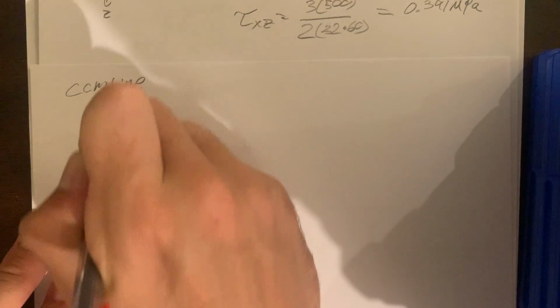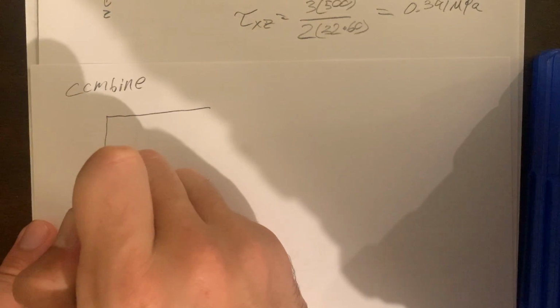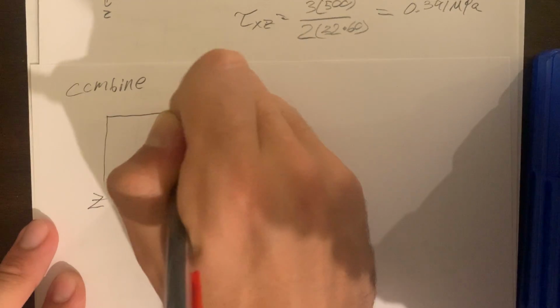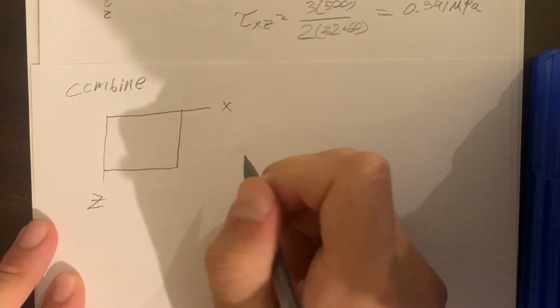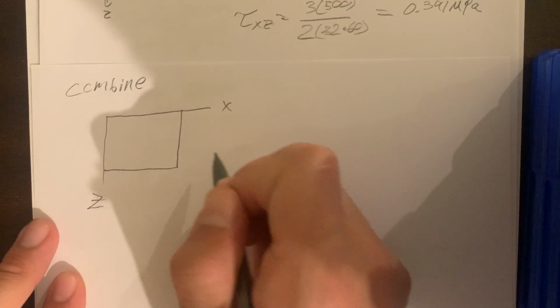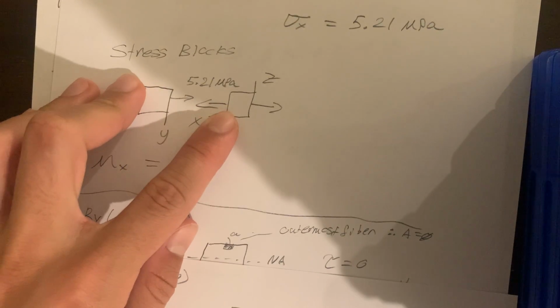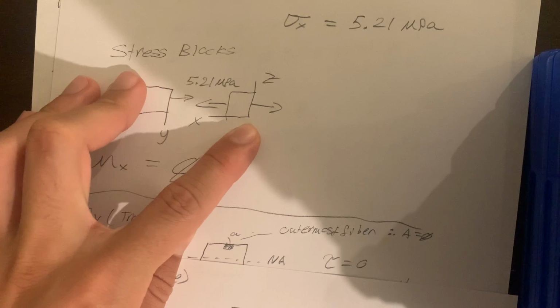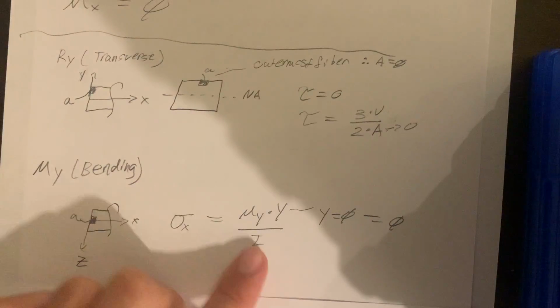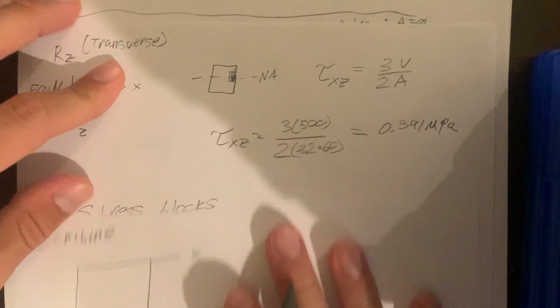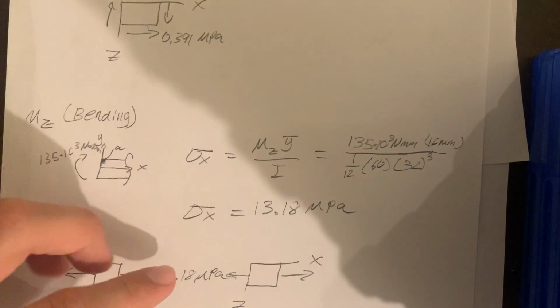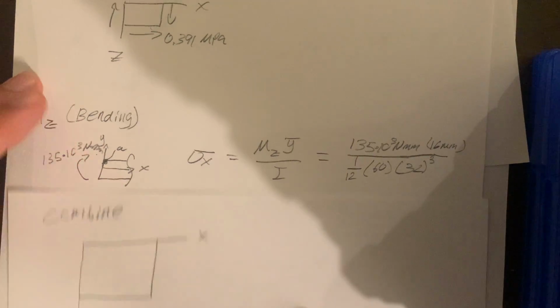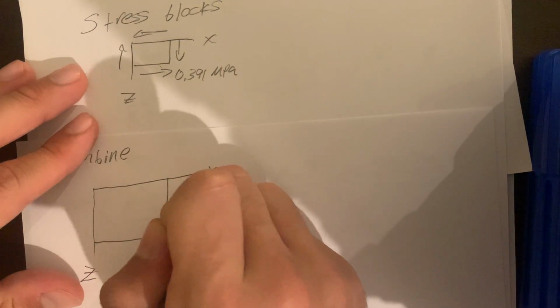So we're going to combine all of it into one big block. Let's do ZX. And we are going to have an axial force of 5.21 megapascals in tension. Nothing over here. Nothing here. And 13.18 megapascals positive. So we're gonna add those two numbers together.